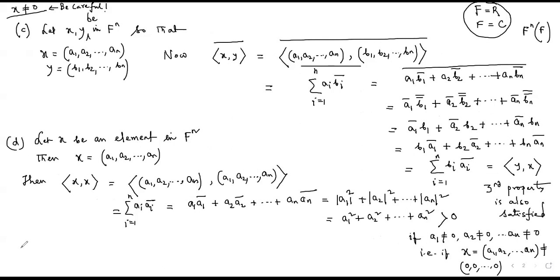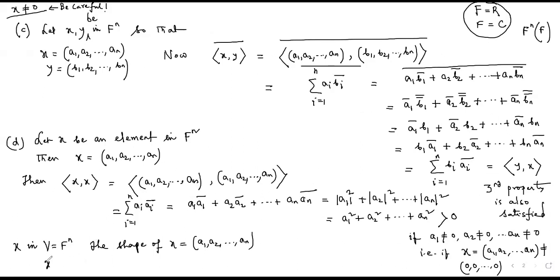Yes, sir. I'm saying, what is x? x is a member of the vector space V, which is Fn. So the shape of x is like this: it is the n-tuple a1, a2, dot, dot, dot, an. It is a vector. It is not a scalar.